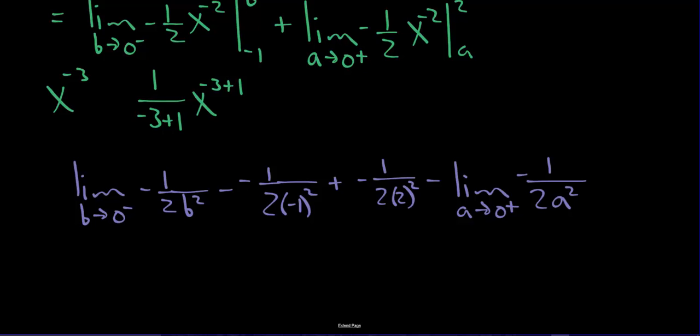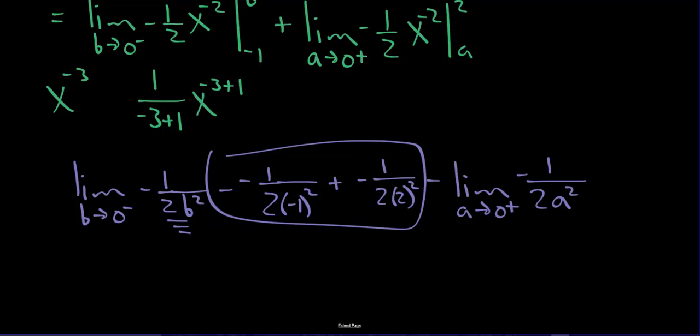Okay, now, when we do this, before we try to do any arithmetic, we notice that these numbers right here are fine. Those are just numbers. But look at this one right here. As b goes to 0, this thing blows up, doesn't it? And so does this one.